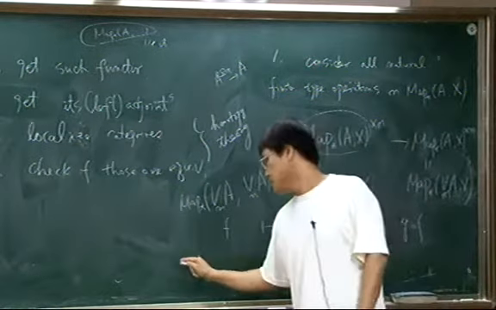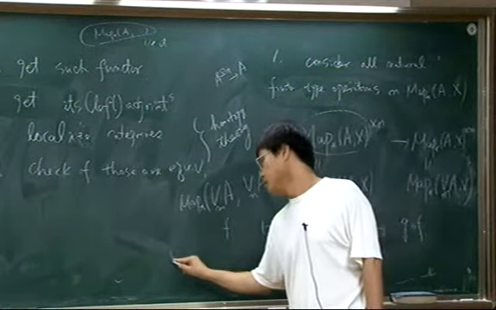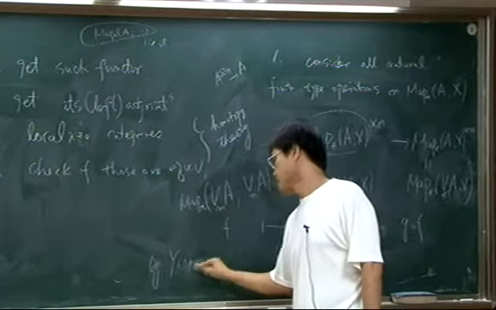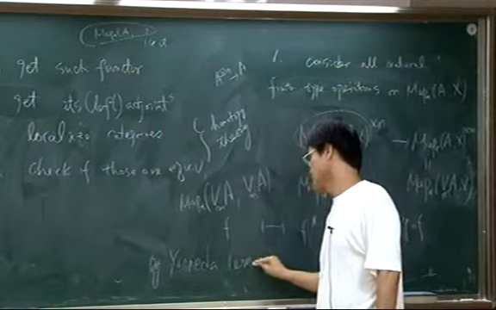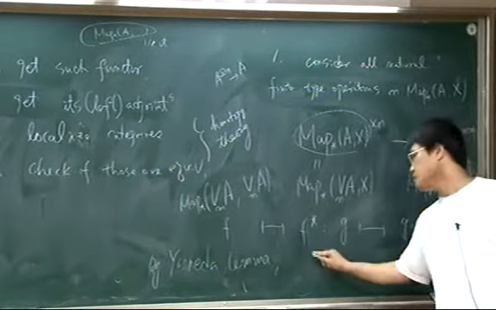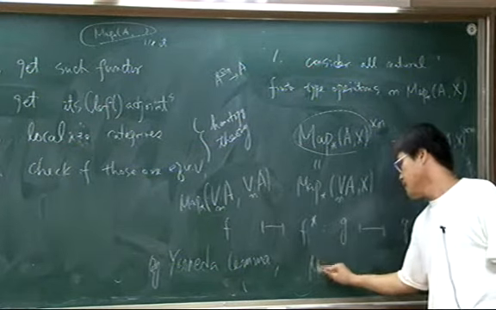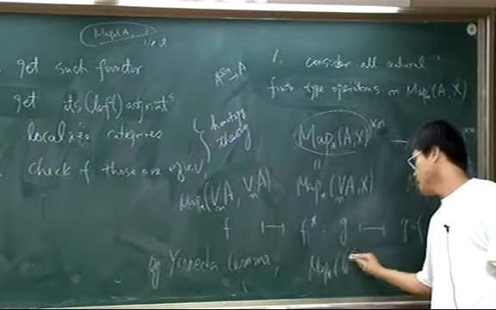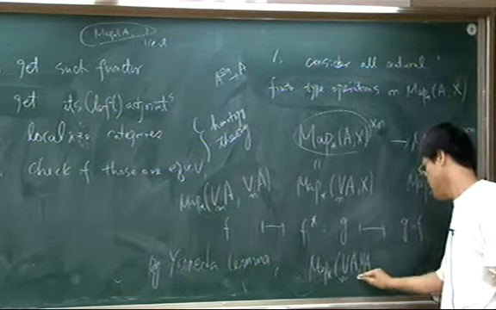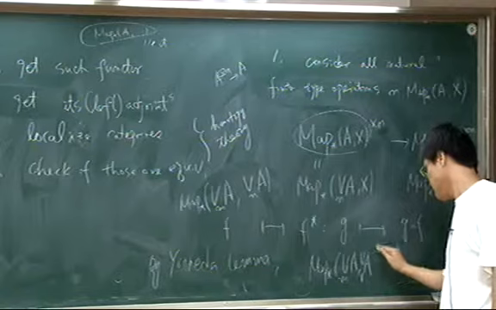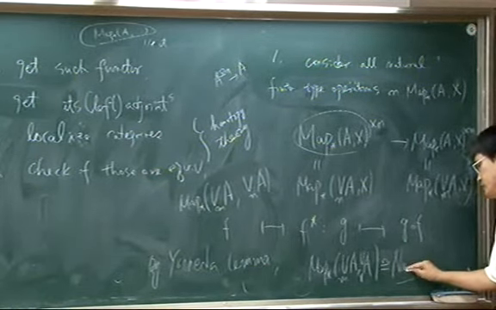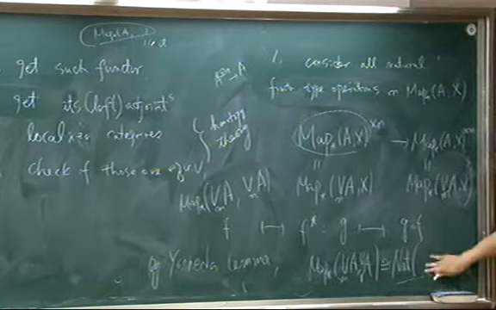This is nothing but the Yoneda lemma actually. The Yoneda lemma says maps from M to A is isomorphic to natural transformations between those functors.